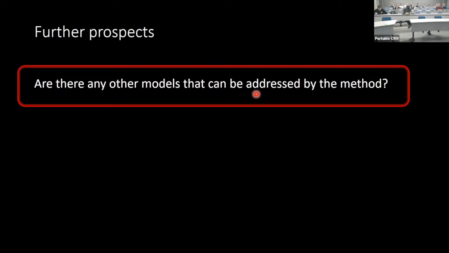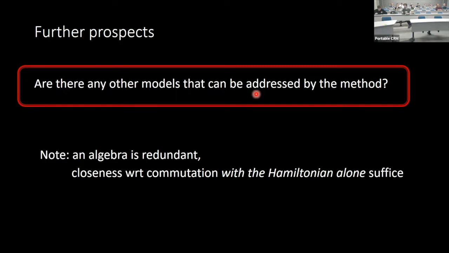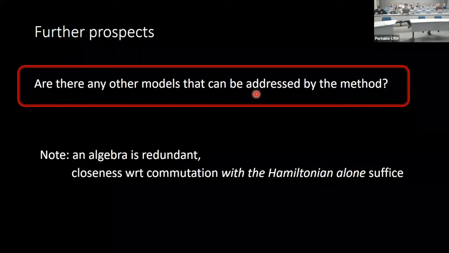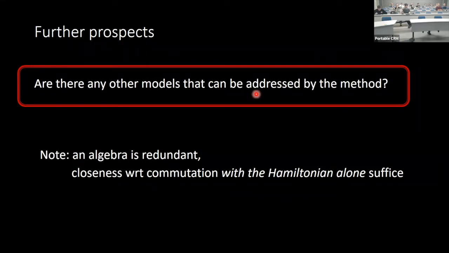So for now, this method has been applied either for models that are equivalent to free fermions, that is the Ising model or the Kitaev model on a honeycomb-like lattice, or to the n-state Potts models which have this Onsager symmetry and allow for generalized Jordan-Wigner transformations.